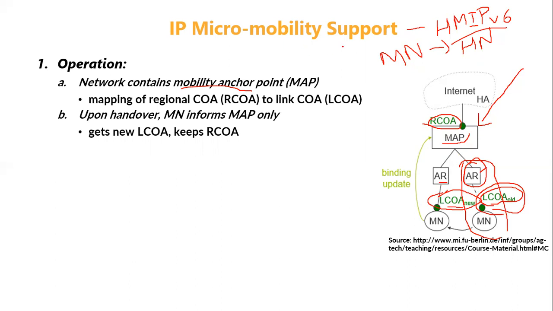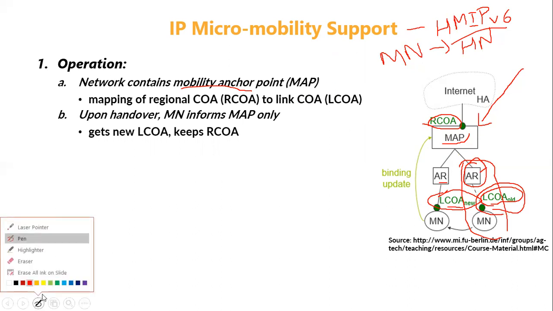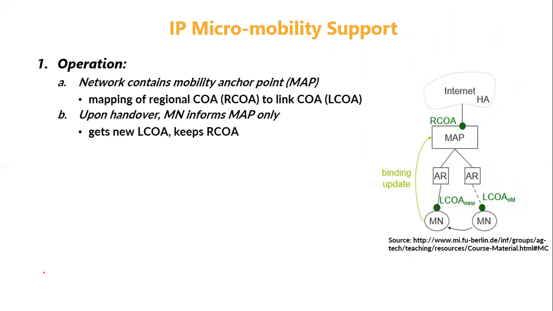But assume that the mobile node is moving beyond a particular geographical area. If it is moving beyond this particular MAP, then in that case the mobile node will register with the HA.